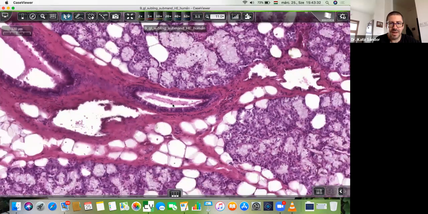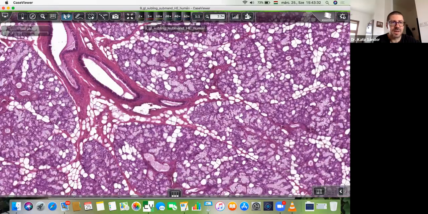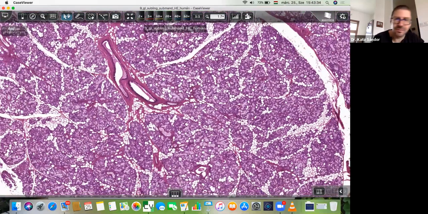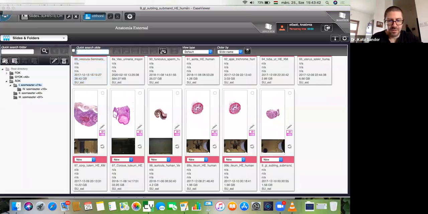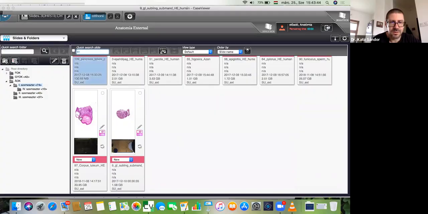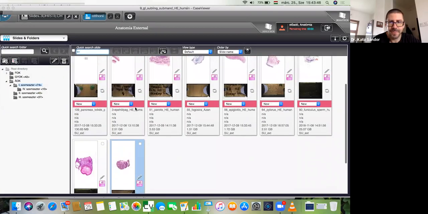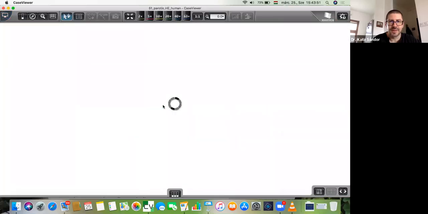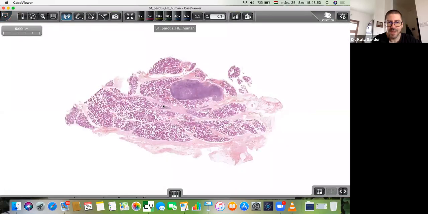Now our last slide represents the parotid. The parotid gland. This is it. The parotid gland is completely serous.